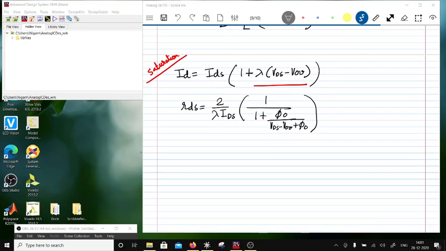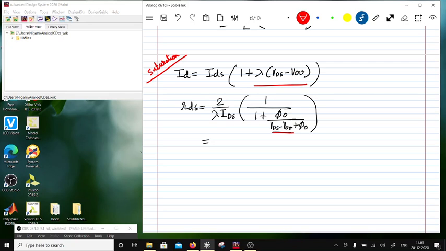At pinch off, this number is going to be 0. In that case, this would become approximately equal to 1 divided by lambda times IDS.